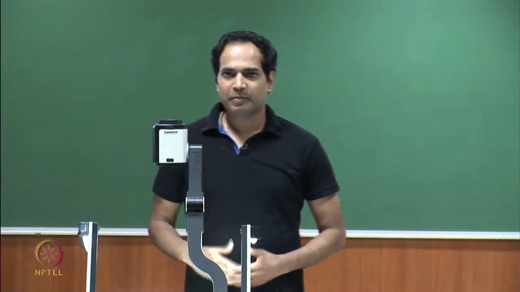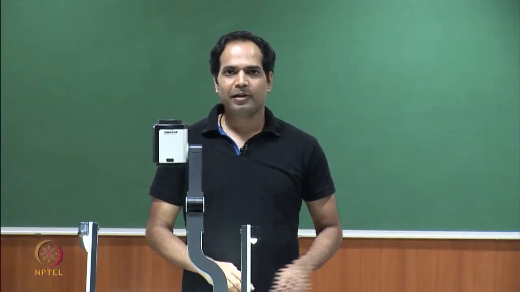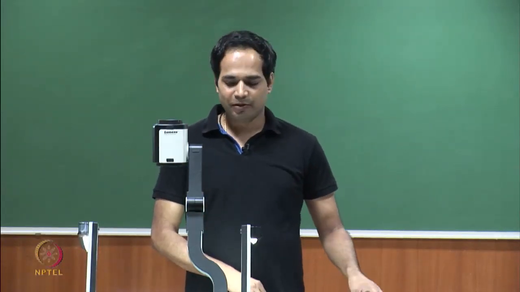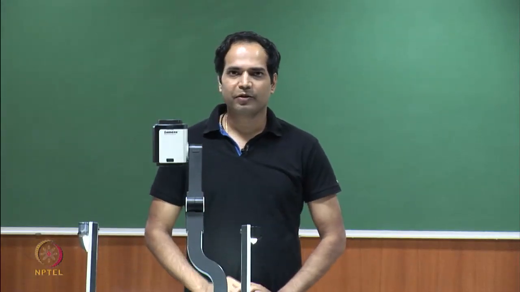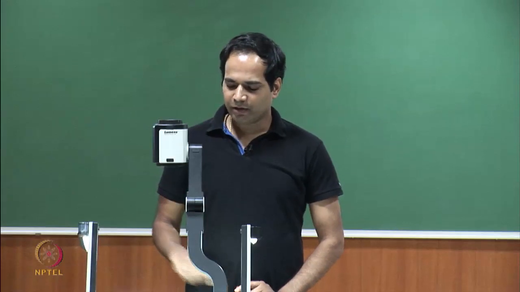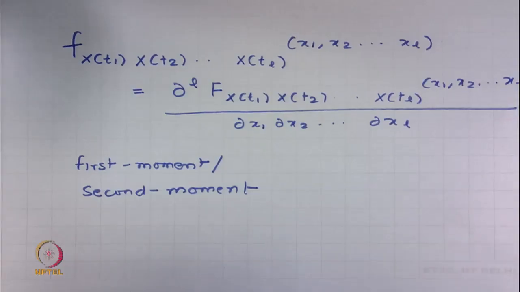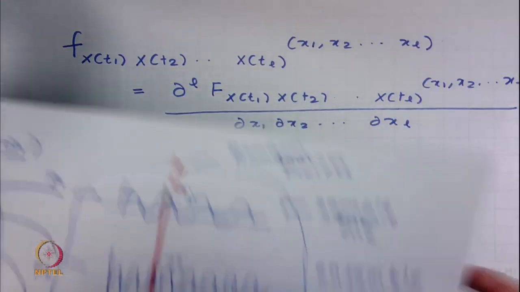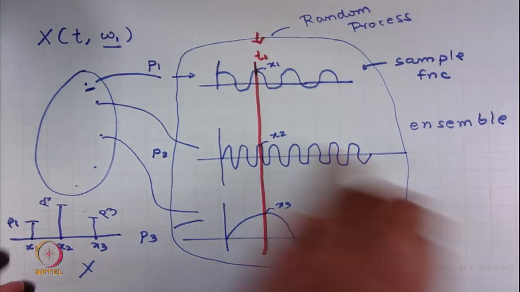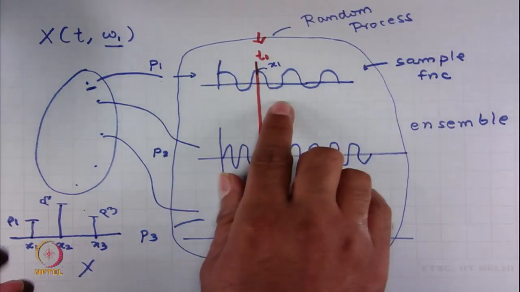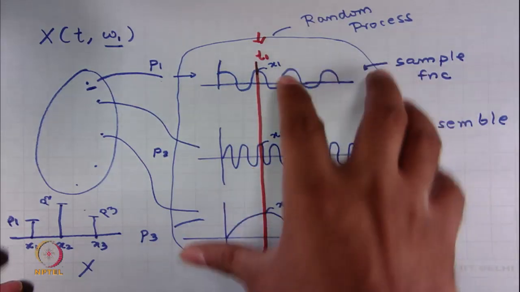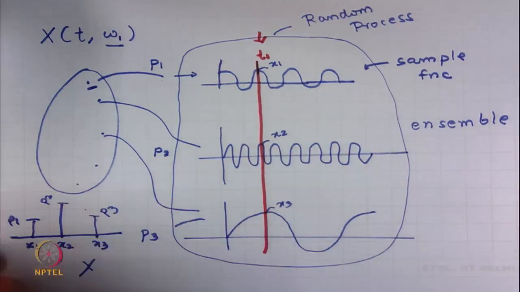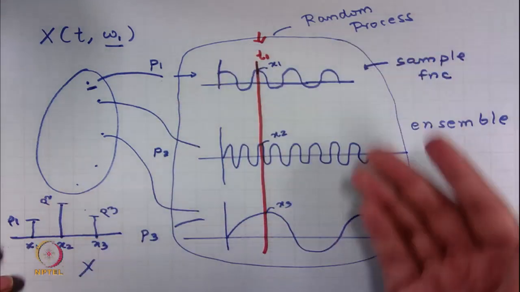So, before looking into some examples of random processes, let me answer 3 annoying questions that are sometimes posed in the context of random processes. The first question is: suppose I make a receiver and this receiver would just see one sample function. So, why do we worry about the ensemble of sample functions? Why do we discuss random processes?